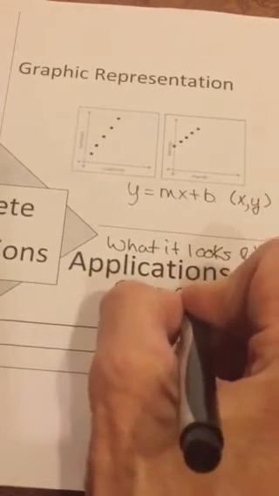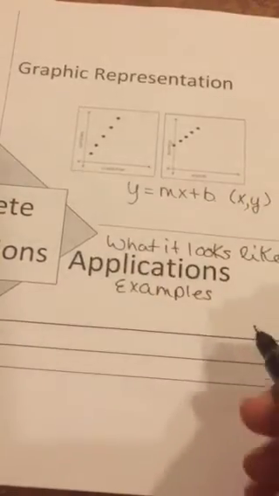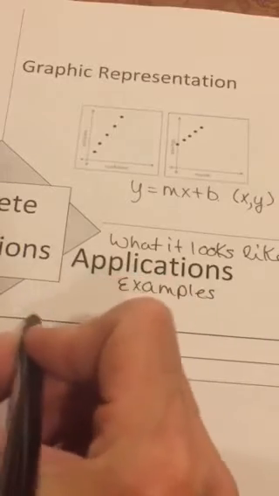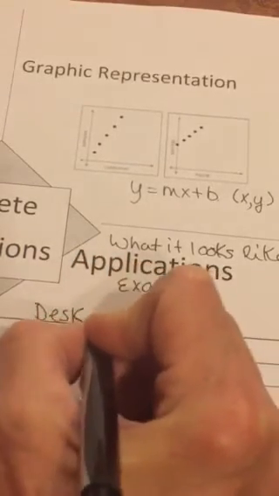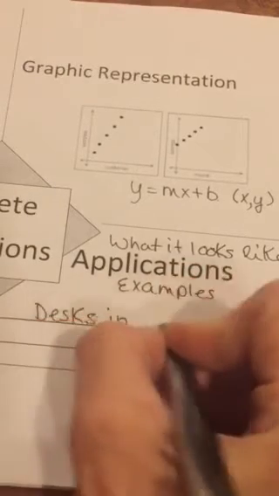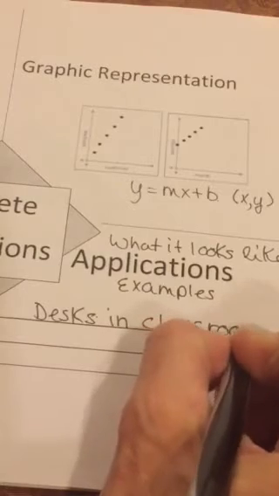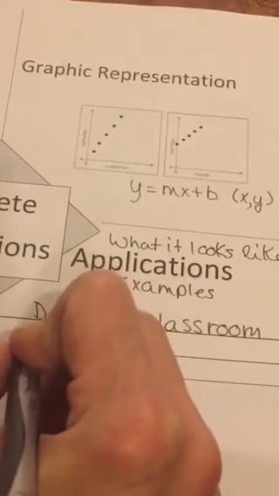We're talking about actual examples that are tangible to us, which means that we can touch them. So the first one, very easy. We talked about this in class, the desks in our classroom. Then the second one, maybe, the number of people on an airplane.